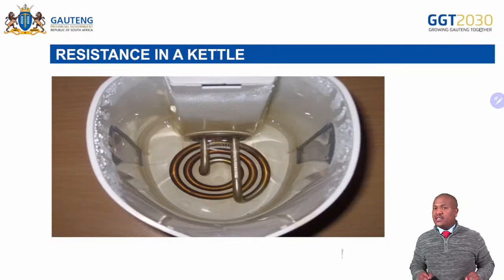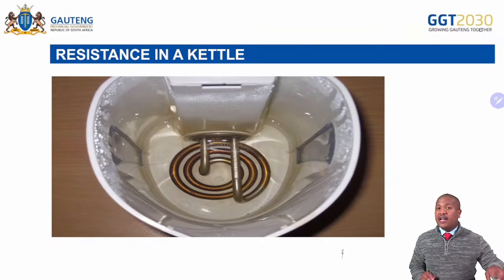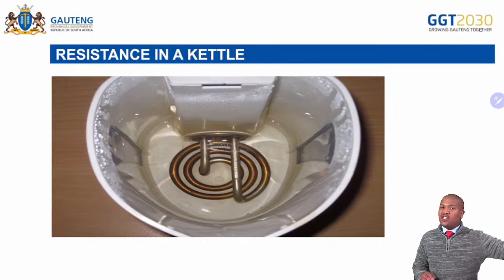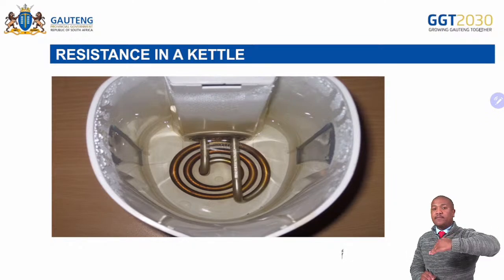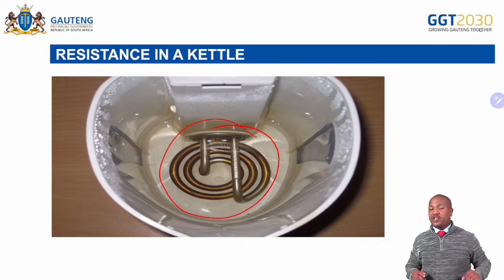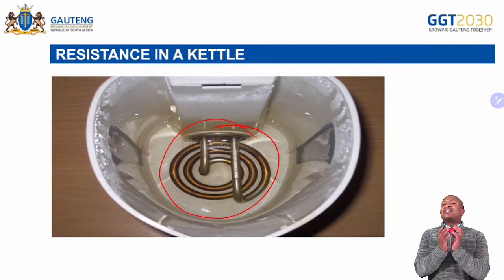So let's look inside this kettle. Yes, this kettle is connected to a cord, and the cord is connected to a wall socket where it receives the electricity, right? As the electricity flows into the kettle, what happens? It comes across this element which serves as a resistor. This element offers resistance.